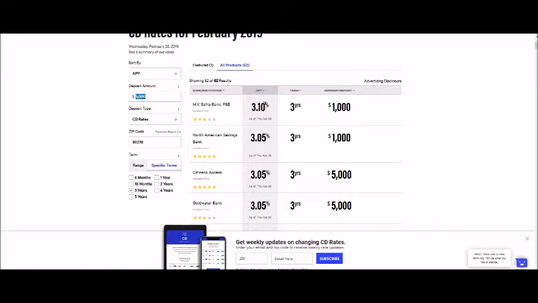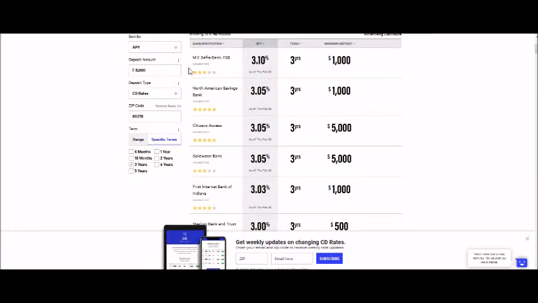We're at 3.1% here. I'm going to switch it to all products so we can see everything. So now we got MY Safra Bank has 3.1% for 3 years with a minimum deposit of $1,000.